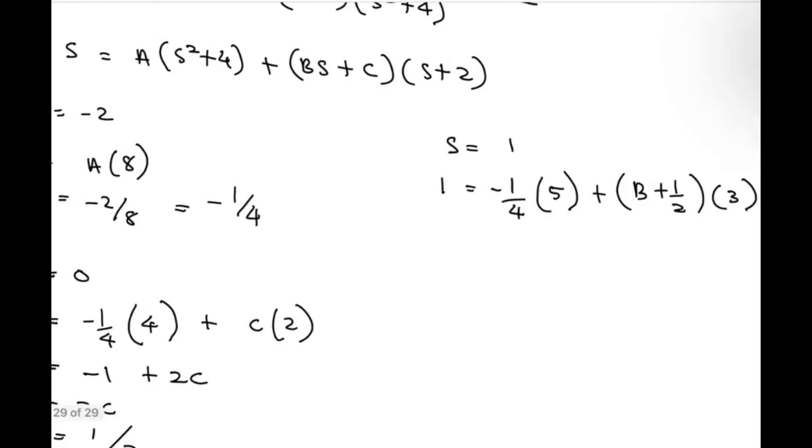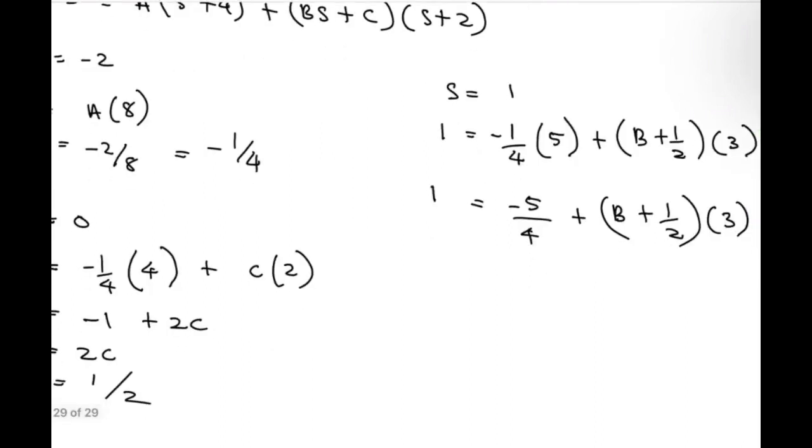So let's expand this one. We have 1 equal to minus 5 over 4 plus B plus 1 over 2 times 3. So 1 plus 5 over 4 equal to 9 over 4. 9 over 4 equal to B plus 1 over 2 times 3.